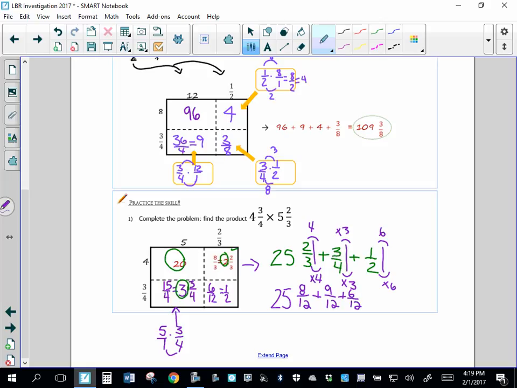And when I add that up, 8 and 9 make 17, and 6 more make 23. So this is 25 and 23 12s, which is the same. 12 goes into 23 once, so 26, and the remainder is 11, and 11 12s. That's our final answer.